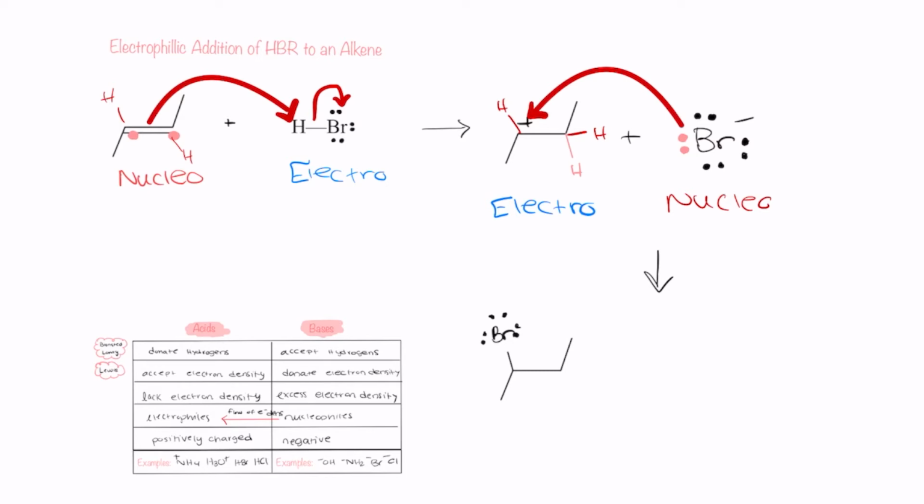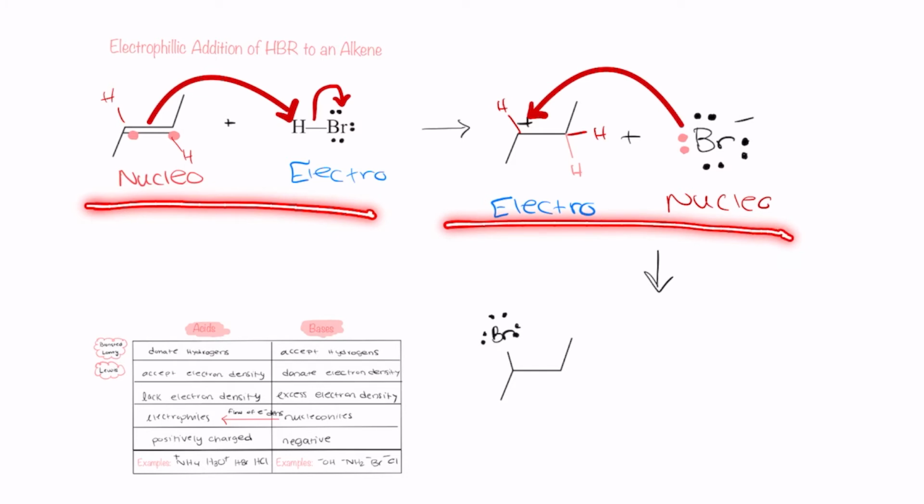And so what I want to point out to you here is that whenever you do a mechanism, there's always a conservation of charge. So notice here how we started off neutral, there was nothing charged, and our intermediates had a net charge of 0 because the carbocation was positive and the bromide was negative, so that added up to 0. And our products here have 0 formal charge as well.